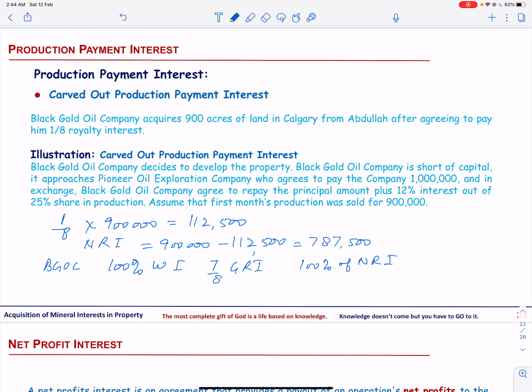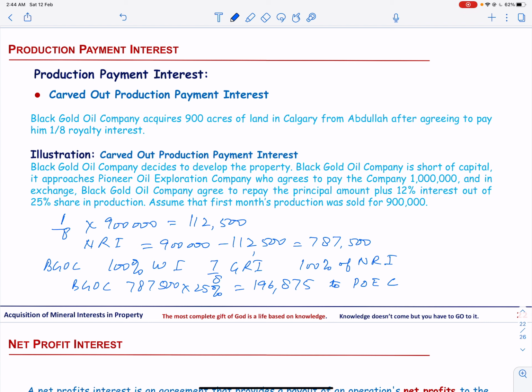Black Gold Oil Company will pay $196,875 to Pioneer Oil Exploration Company.